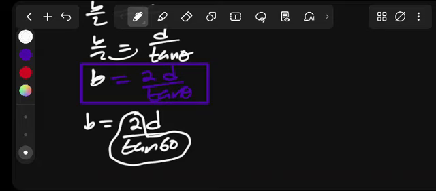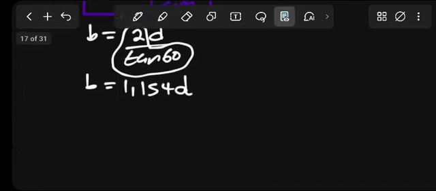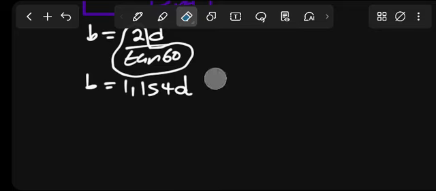Our B will be equal to 1.154D. Obviously, D, there's nothing you can do. We leave this; it's simply our equation 1. You can call it equation 1 or just leave it like that.